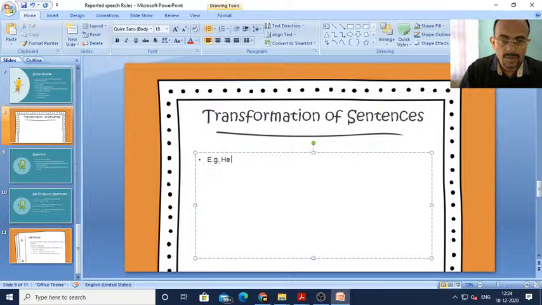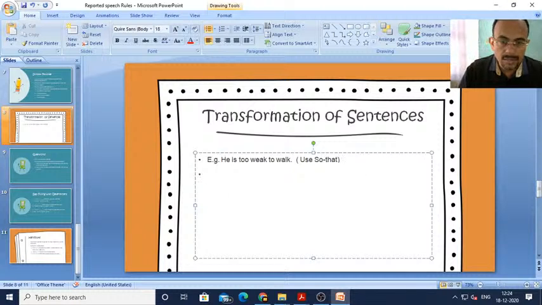He is too weak to walk. Okay, he is too weak to walk. So use so that, this is one pattern.